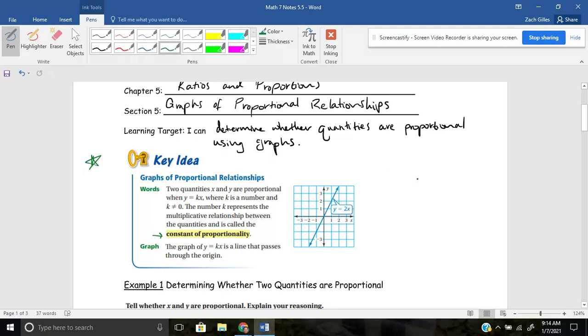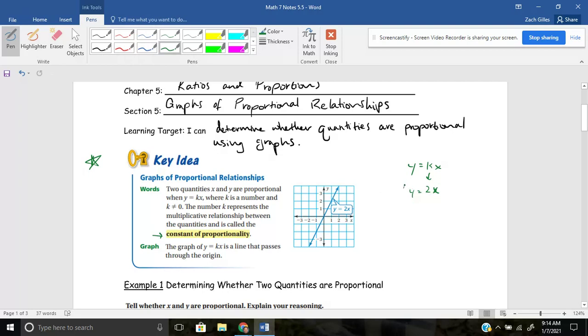We're going to use this equation, y equals k times x, where k is just a number and it cannot equal 0. So if it's 1 or 2, or in this case, y equals 2x, we just substituted 2 for k. So y equals 2x is an example.